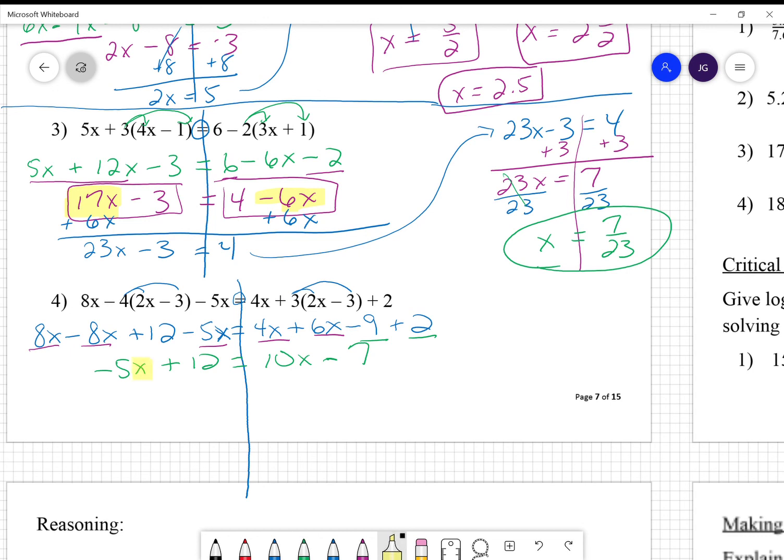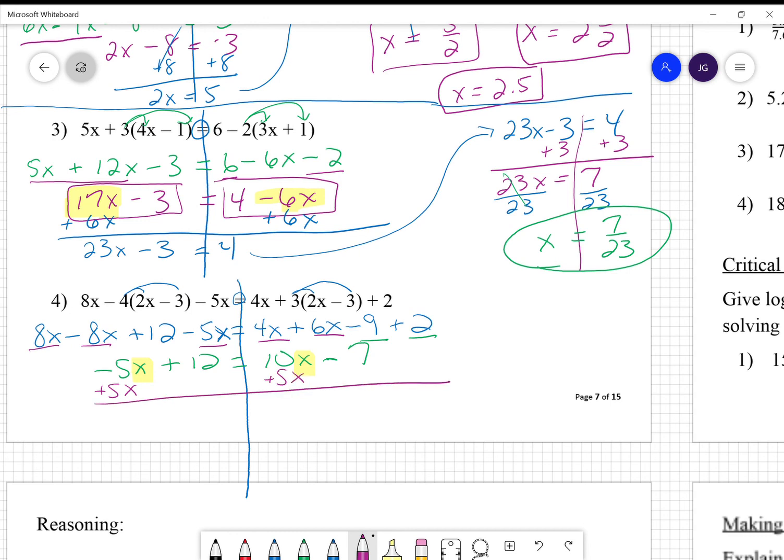All right, so now we have x's on both sides. I'm going to move one. It doesn't matter which one you move, but I like to avoid negatives. So I'm going to move the smaller one, which is negative 5x, by adding it to both sides.